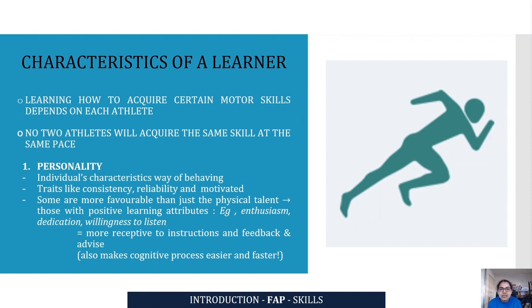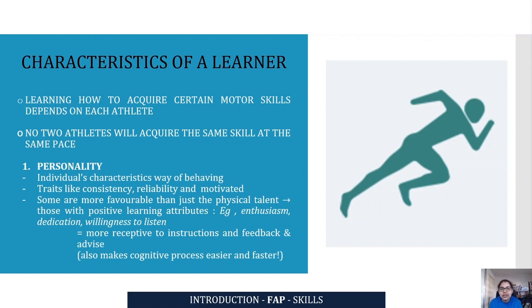Traits like consistency, being reliable, being motivated are traits that, if someone has them, like their personality, when you say someone's got a good personality, they're really reliable, really motivated. An athlete that is really reliable and motivated, you can clearly tell that they would be resilient with learning a skill.